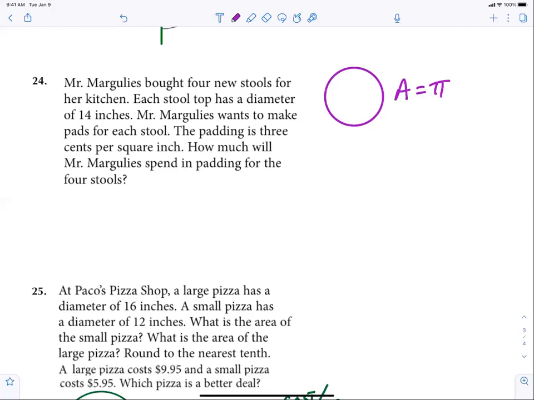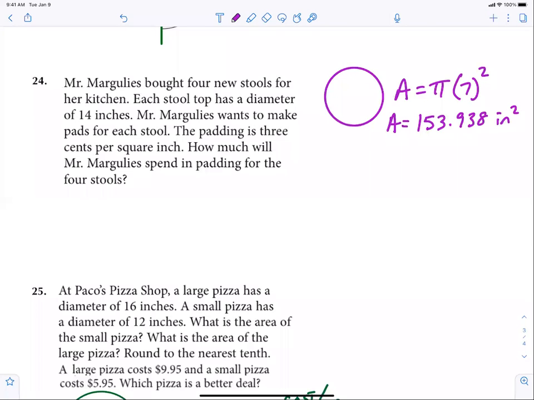Pi times what? Oh, I forgot, diameter. Whoops. All right, 7 squared. Thank you. So tell me what that is, please. I got 153.938 inches squared.